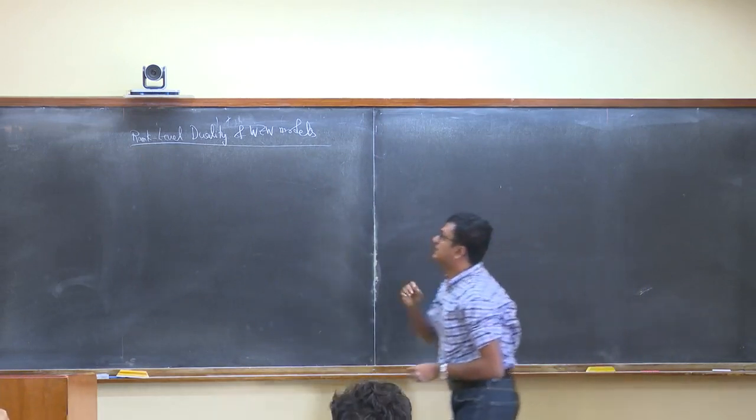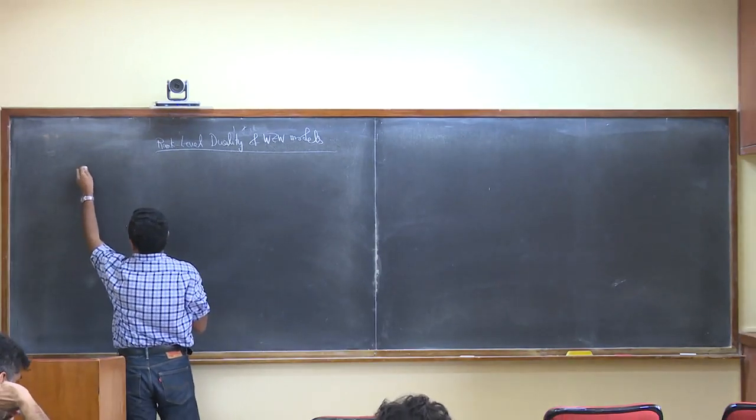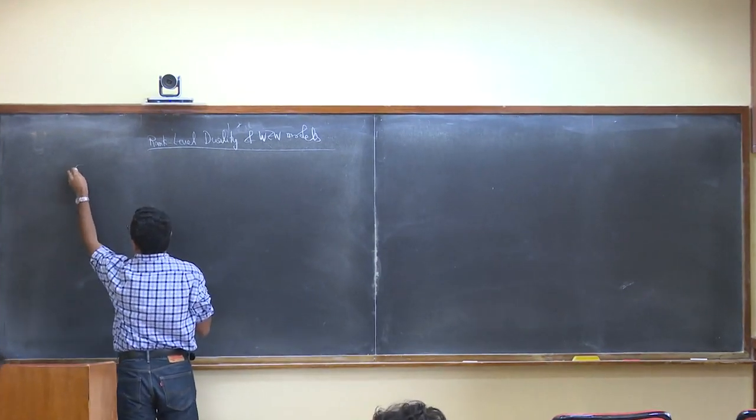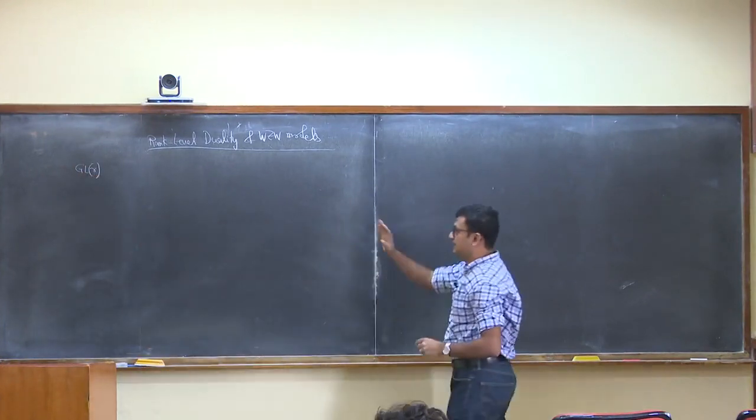So the motivation comes from the following. If you look into representations of GLN, let's consider the group GLR.